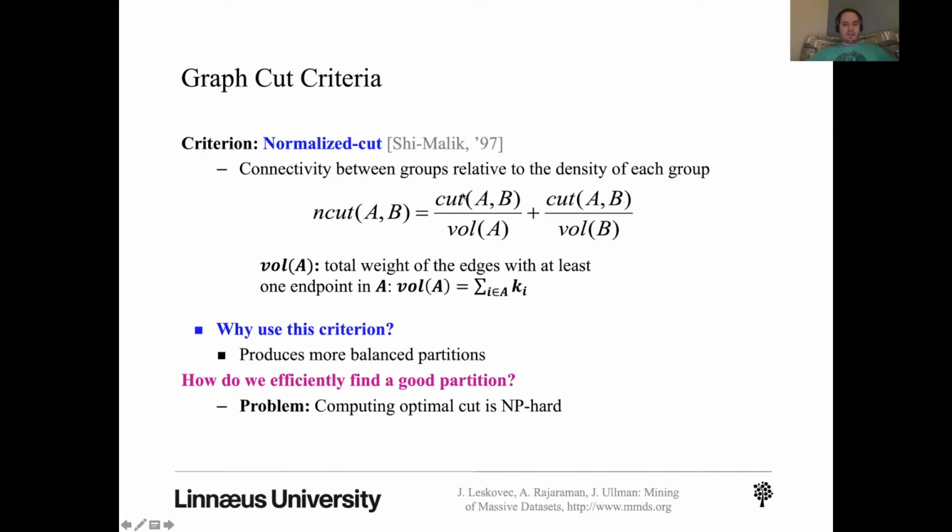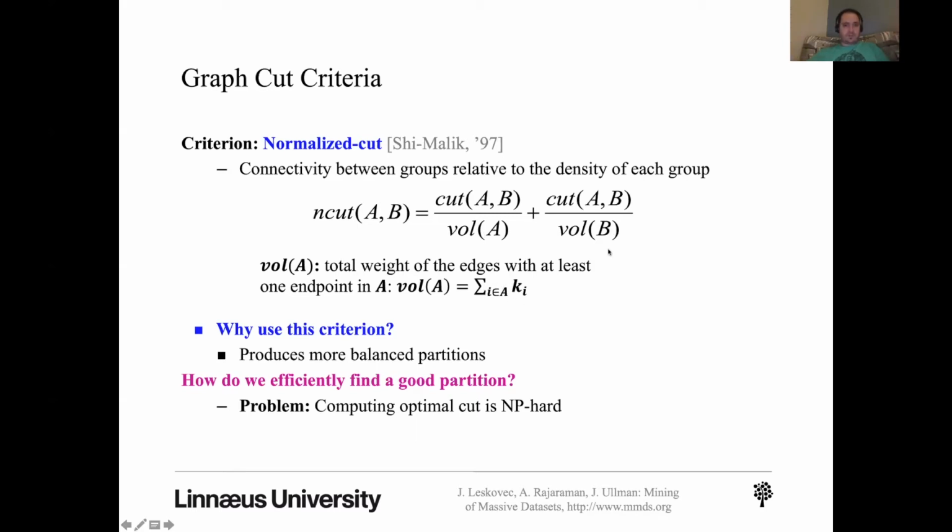So the cut, whatever cut you found, like that number 2, for example, that you found when you have two edges, divided by the total weight of the edges with at least one endpoint in A. So every edge that has at least one endpoint inside the community A, plus the same cut divided by the sum of all the edges that have at least one end inside the community B, which is basically just the sum of the degrees of the nodes that are within the communities.